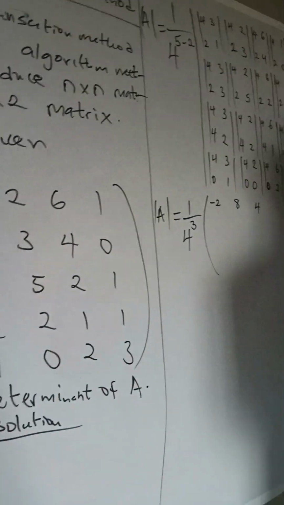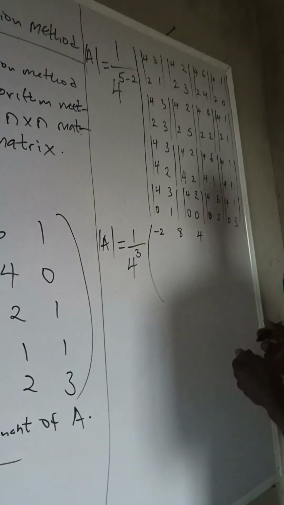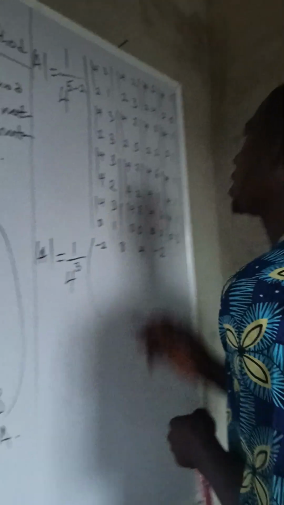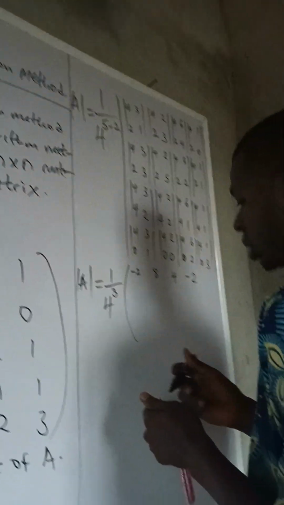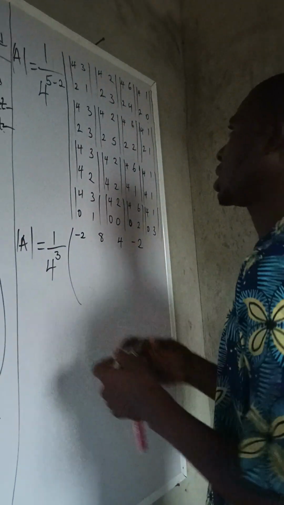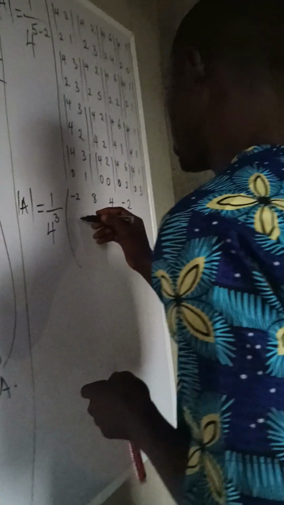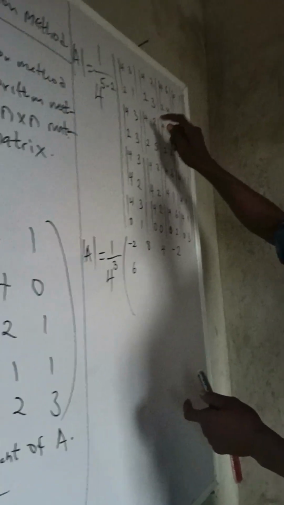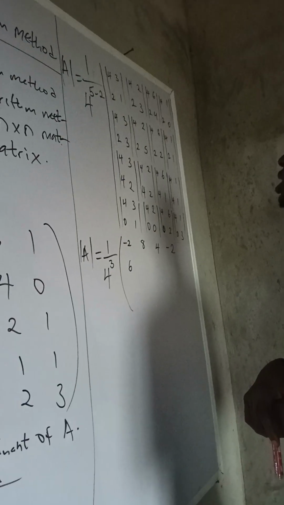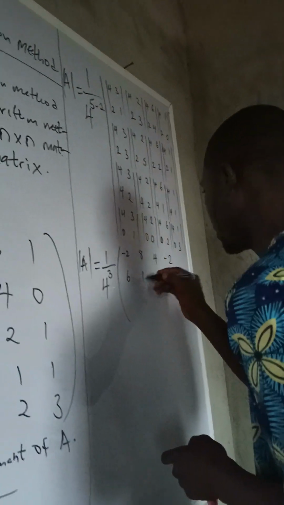And then we have 4 times 0. That's 0 minus 2. That's going to give us minus 2. All right. The next one, we have 4 times 3. That's 12 minus 3 times 2. That's 12 minus 6. So we have 6. The next one, we have 4 times 5, which is 20, minus 2 times 2, which is 4. So we have 20 minus 4, we have 16.